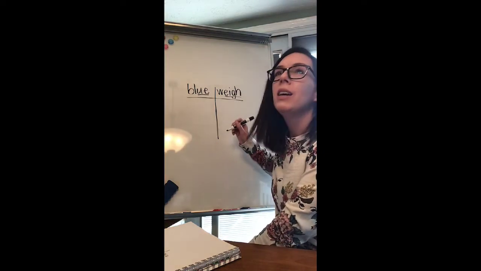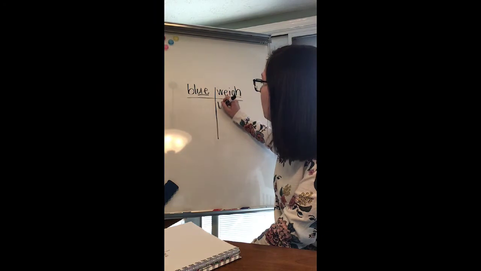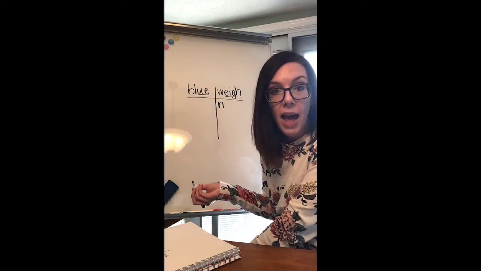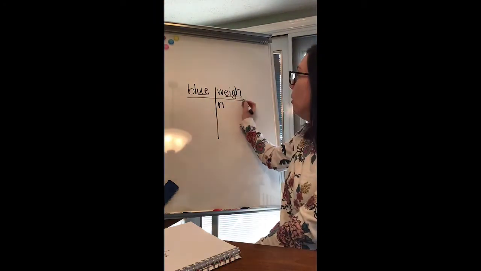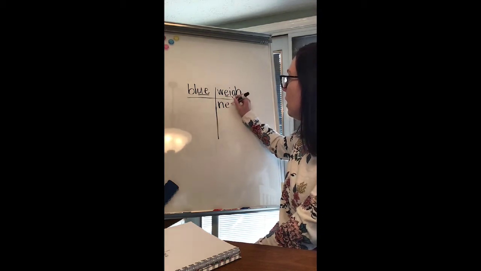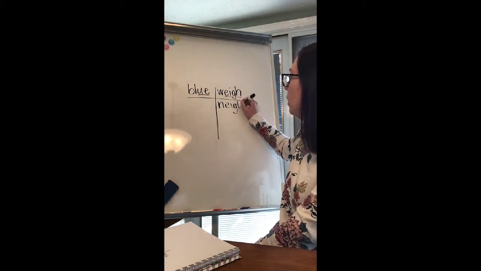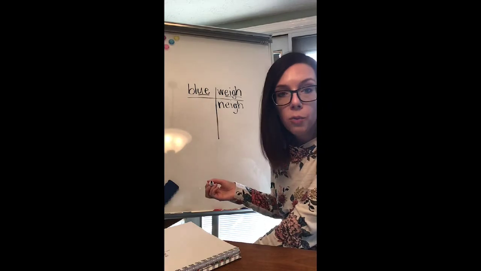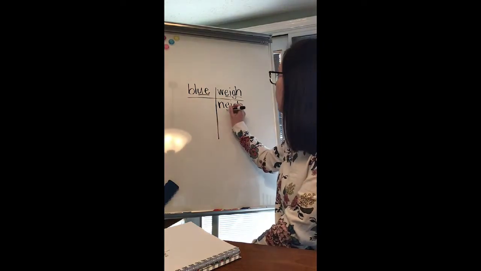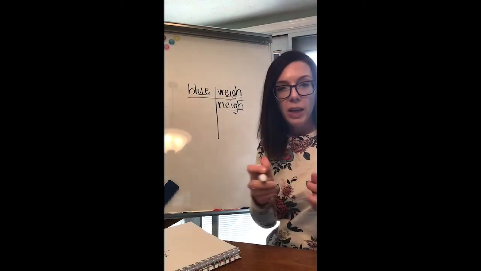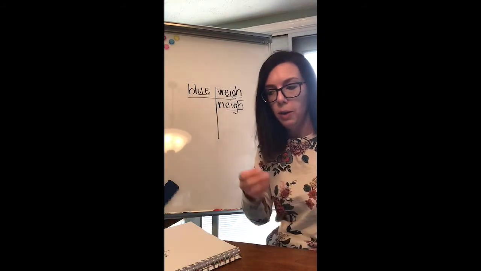All right, so I hear that N sound, and then after that, I hear A, N, A, and I know my hunk and chunk is E-I-G-H. And then once you write that, go ahead and underline the hunk and chunk. That way it's really quick and easy for us to be able to see that, okay?